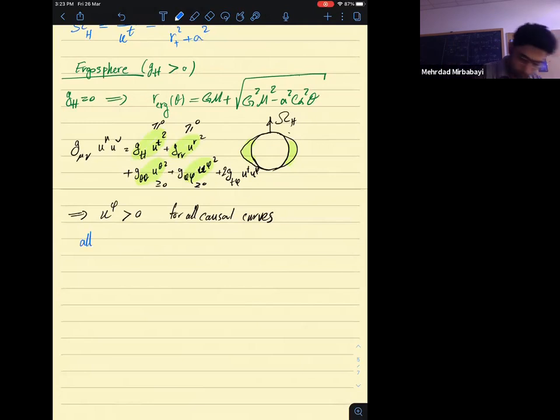So all observers, signals, etc., everything that is described by causal curves, has to co-rotate inside the ergosphere.